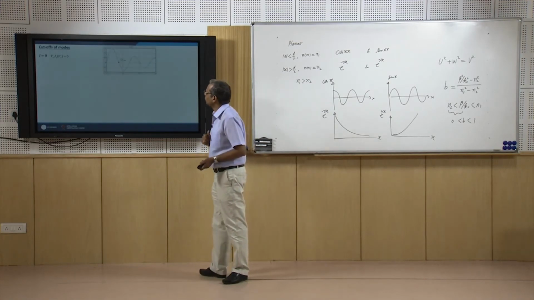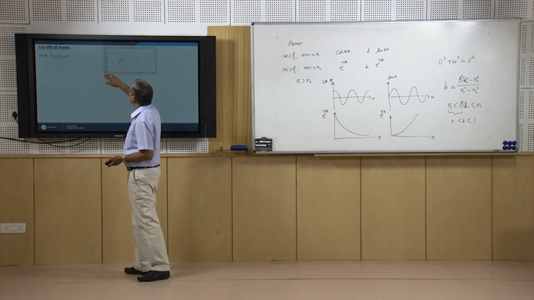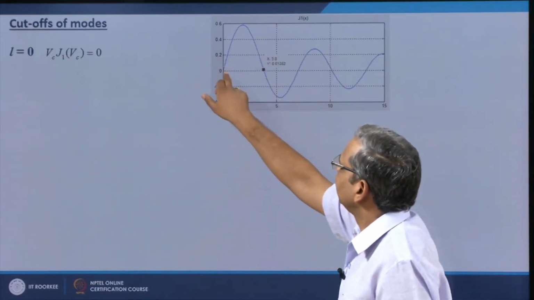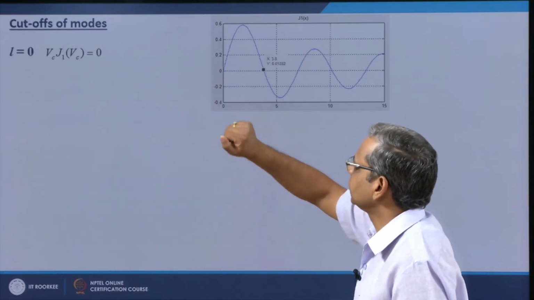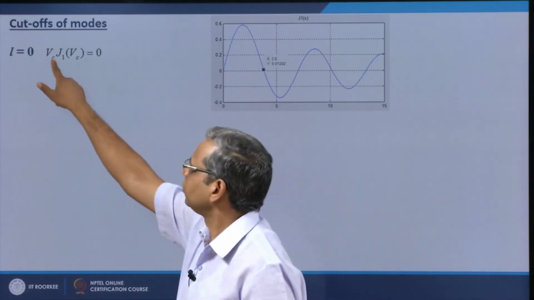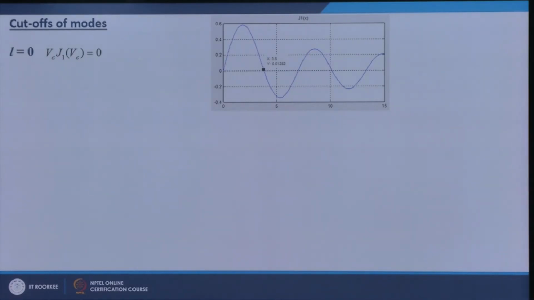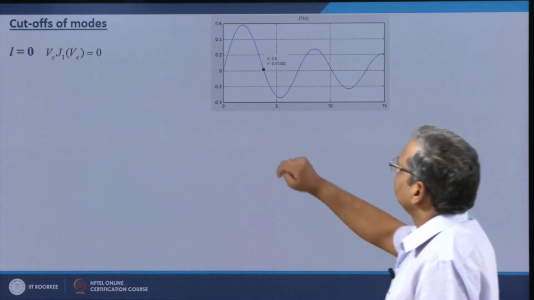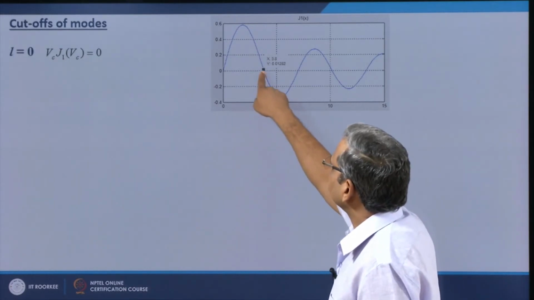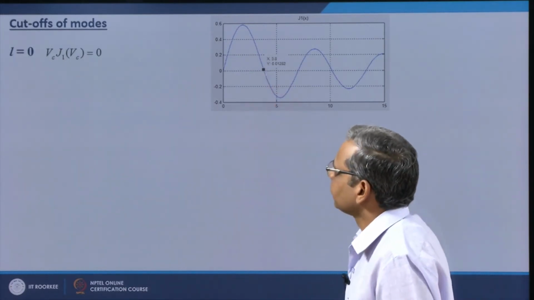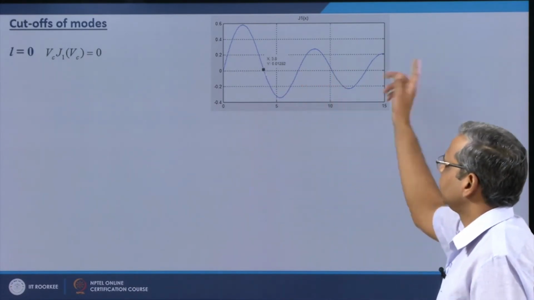So, if I plot J1 x, then J1 x looks like this, okay. Its first zero is at x equal to 0 itself, and that is coming from here also. So, first root is of course Vc equal to 0. Now, let us look at the second zero.